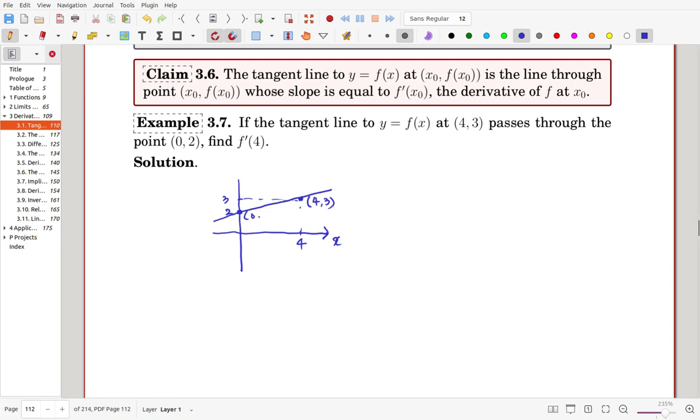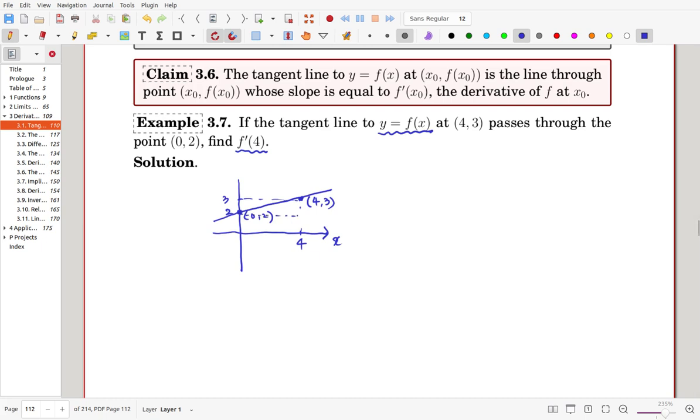This point is x equals 0, y equals 2. We don't know the exact shape of y equals f(x). However, that line is the tangent line and passes through that point. Okay, so it asks for f prime at 4, which means the slope of the tangent line.